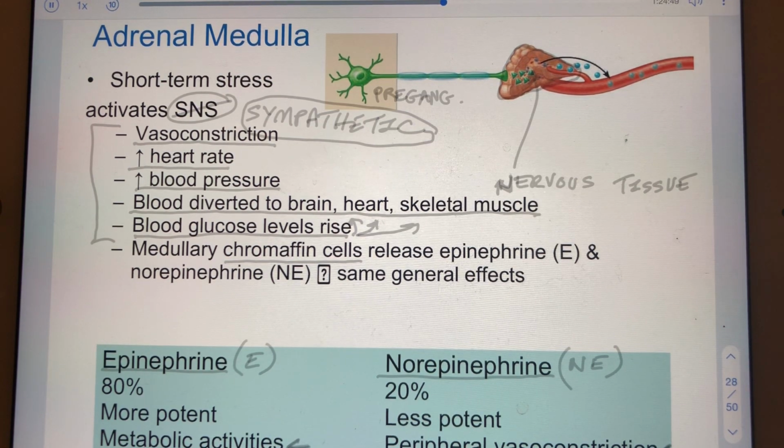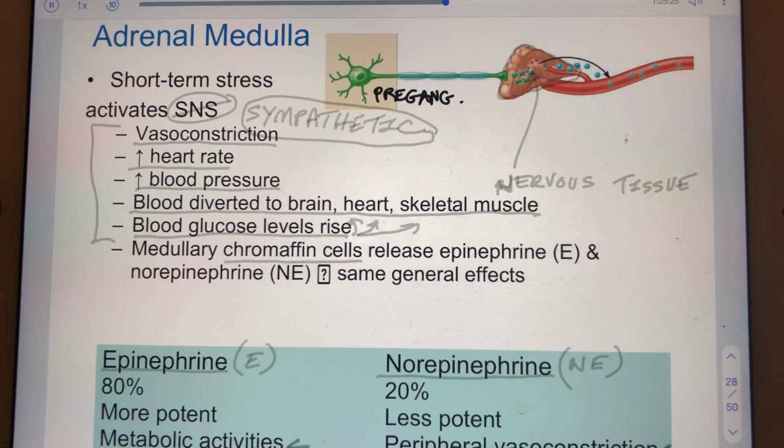Anywho, the adrenal medulla, so like the core, or the middle of the adrenal gland. Here's our preganglionic neuron of the sympathetic nervous system. I hate this notation, since S and S could be somatic or sympathetic. Rude. Actually, let me clean this up.